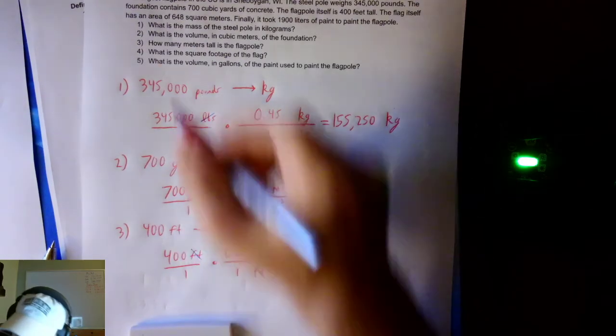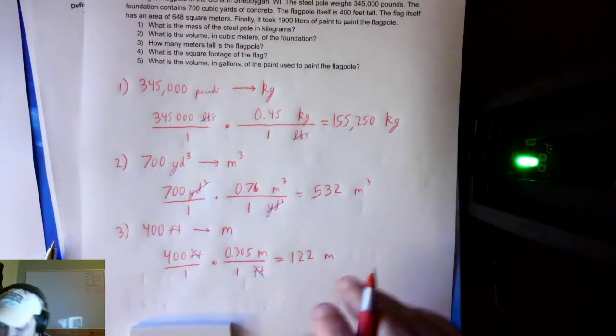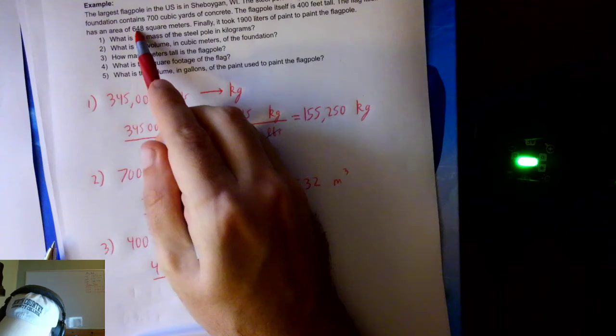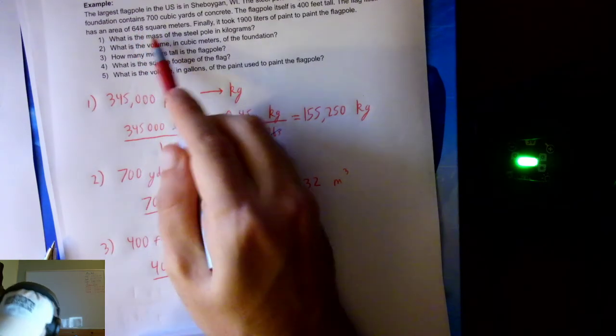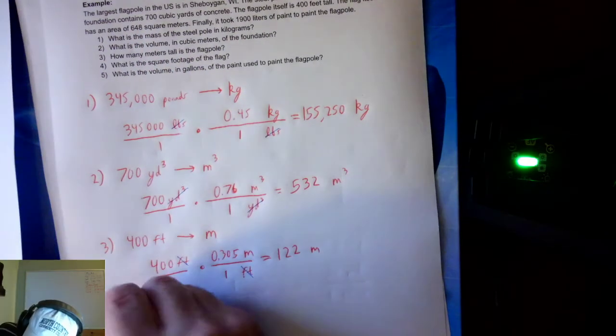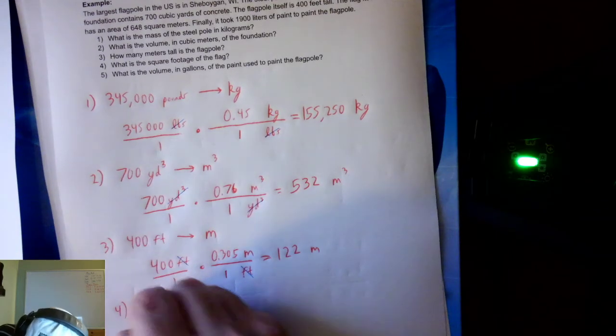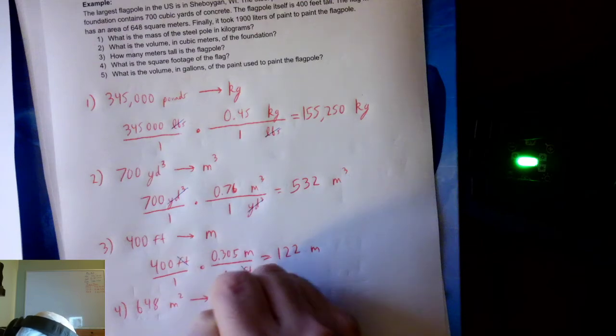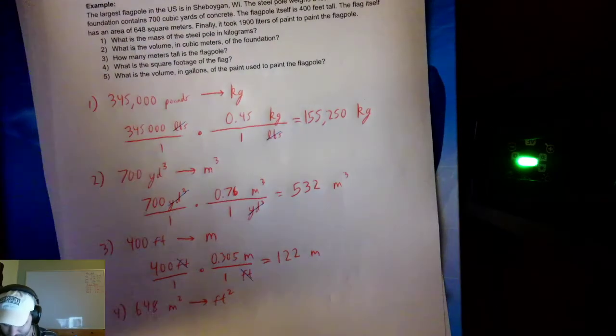Now, what is the square footage of the flag? So square footage is a measure of area. So I need to think about what the flag's original area was. That was 648 square meters. So for number 4, I want to take 648 meters squared and convert it to feet squared.